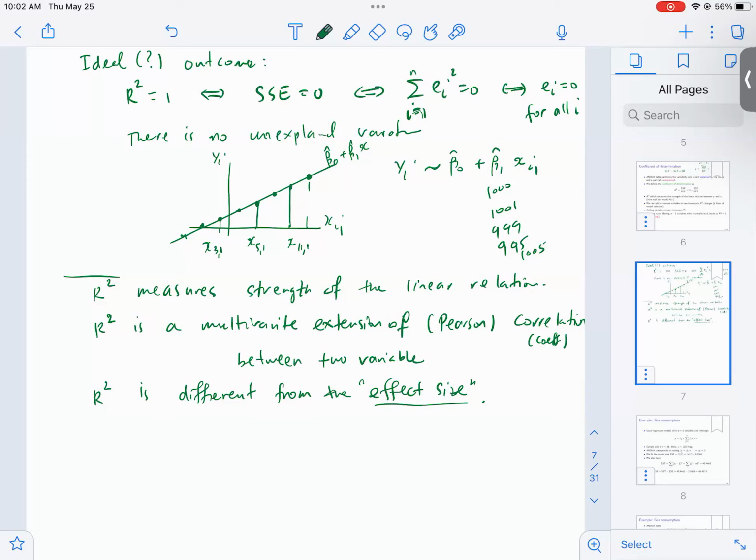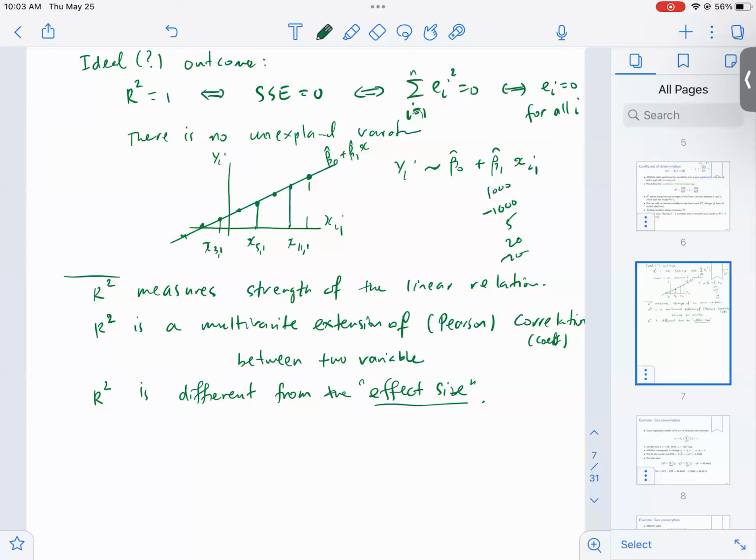So if the actual beta 1 is large, the variation tells you that the noise compared to the actual value is not much, maybe plus or minus 5. But if you run the experiment many times and one time you get this, next time minus 1,000, next time 5, next time negative 20, it's all over the place, positive and negative.